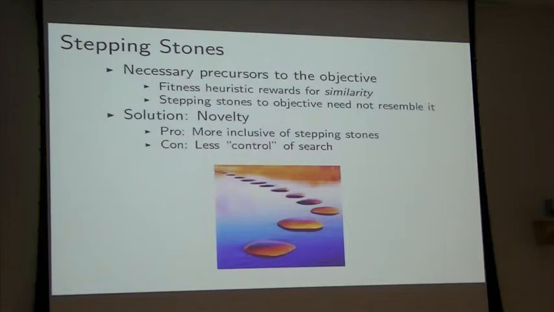One particular way to do this is through considering novelty. What I'll be talking about here is behavioral novelty, in the context of these robot behaviors. The benefit of using a search for novelty is that it can be more inclusive of the stepping stones. It's a less constrained criterion than increasing similarity.